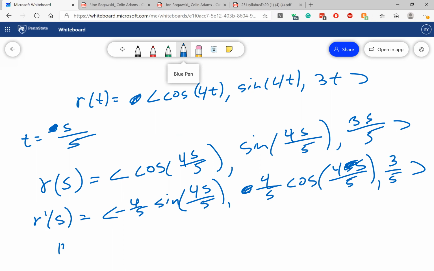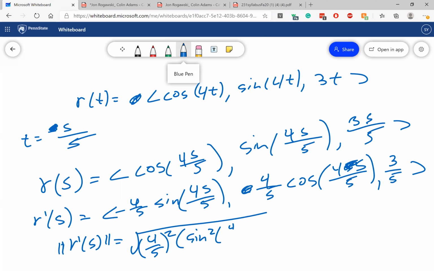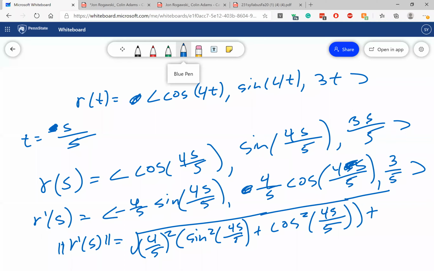And so then the magnitude of this thing is going to be equal to the square root of, so I'm just going to take out the 4 over 5, so 4 over 5 squared times sine squared of 4s over 5 plus cosine squared of 4s over 5, okay, and then plus 3 over 5 squared.